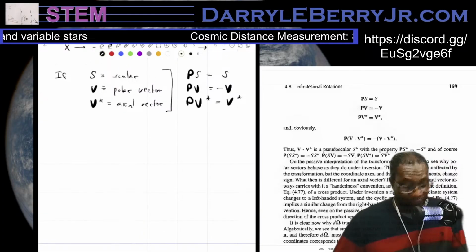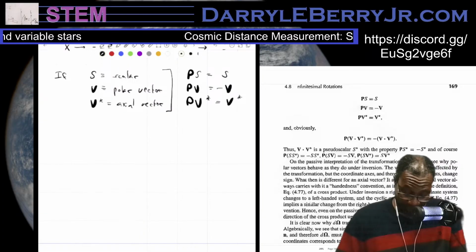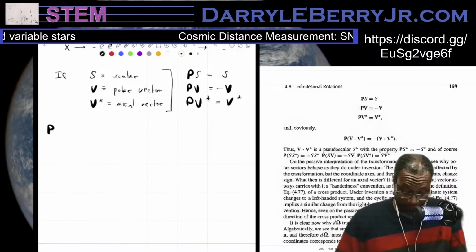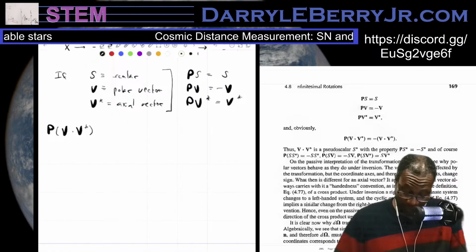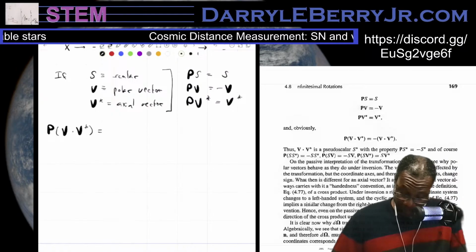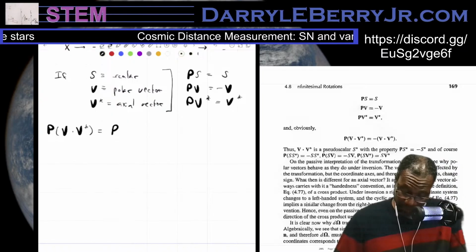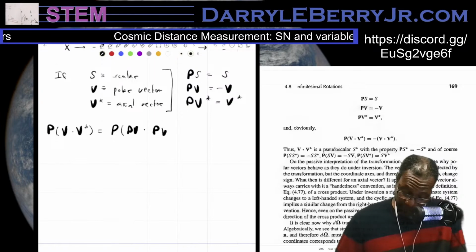You see this is obvious, but let's see how this is obvious. So we have P of V dot V complex conjugate. That's going to equal P V dot P V complex conjugate.